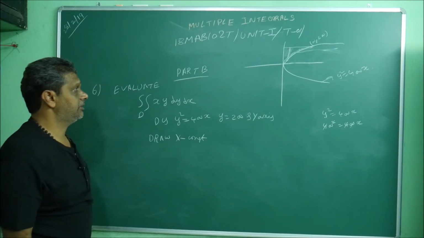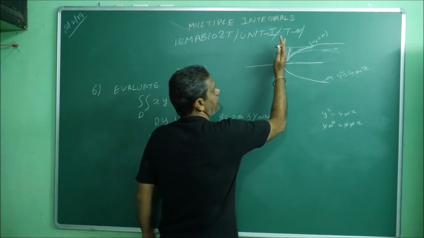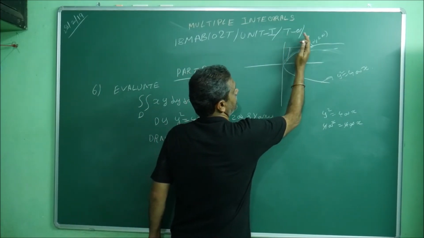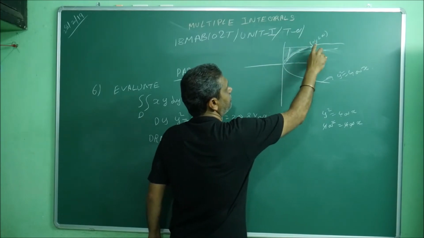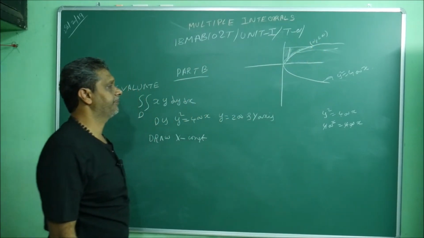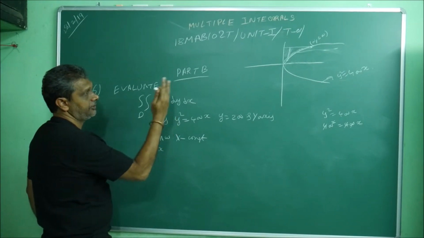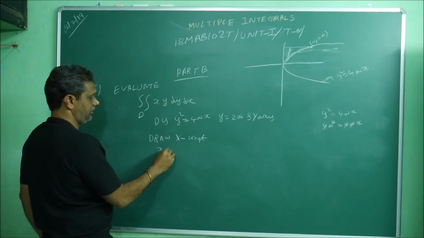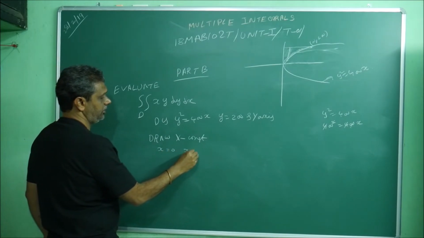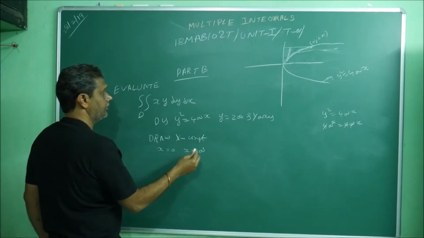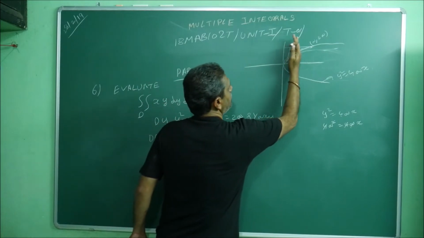Now I am taking x constant. X travels from where to where? First x value is 0, that is x is equal to 0, up to x is equal to a. So this whole region.